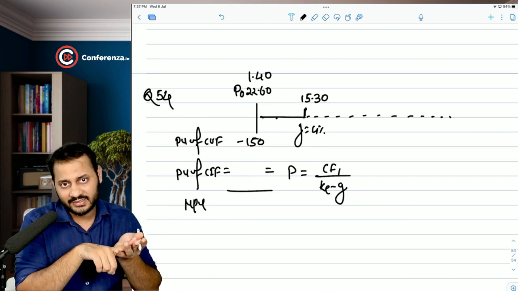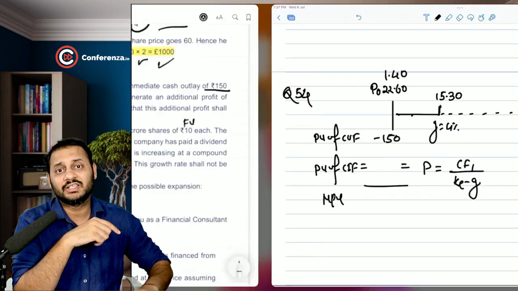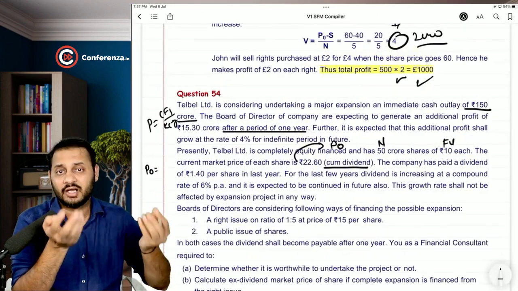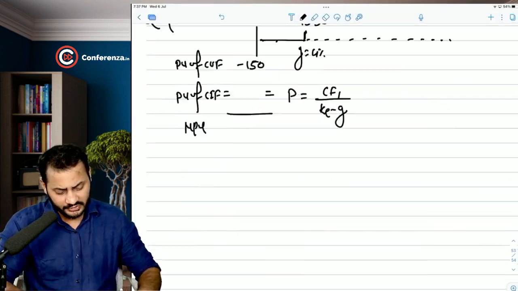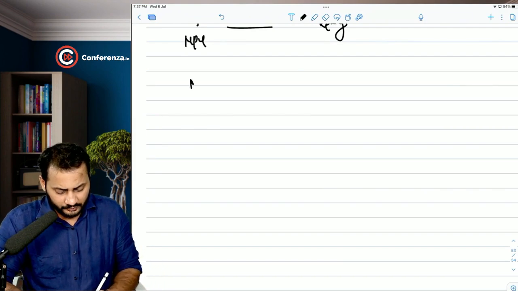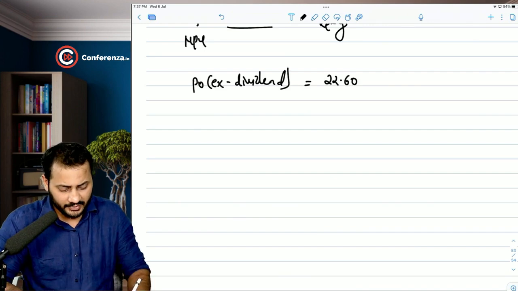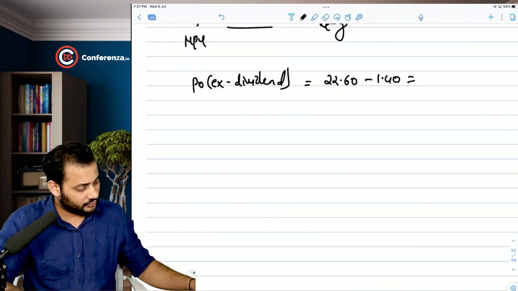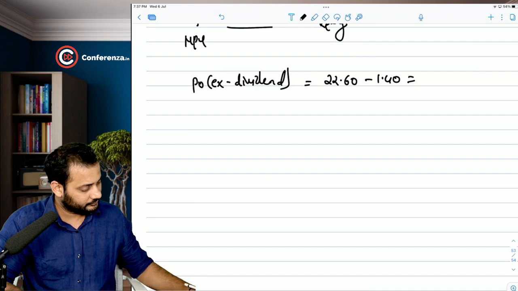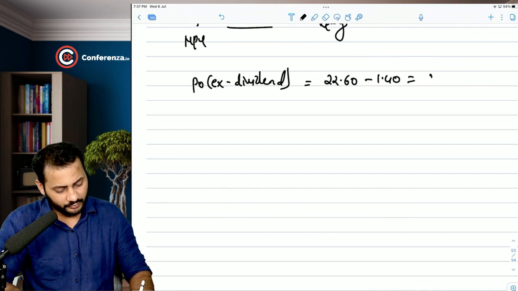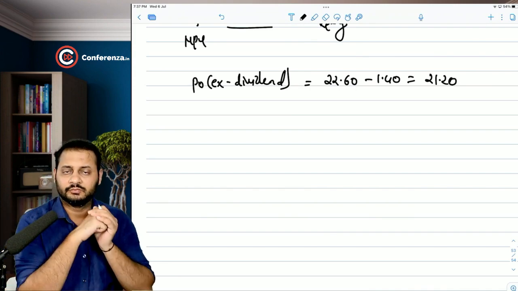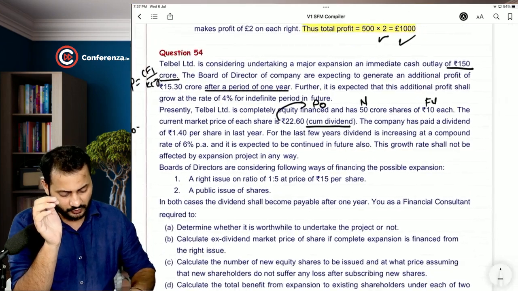If it is not ex dividend, it should be given in the question, and that's what is given in the question, that it is cum dividend. So what we are going to do here is convert P0 into ex dividend. And how are we going to do that? It's very simple. 22.60 is the cum dividend price, deduct dividend from that. So the ex dividend price will be 21.20. Okay, understood. Now let's move ahead.